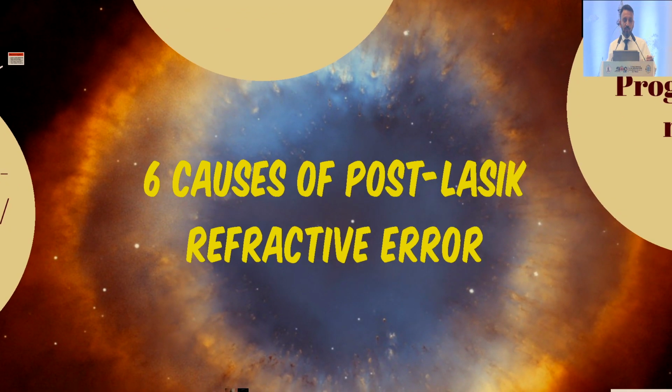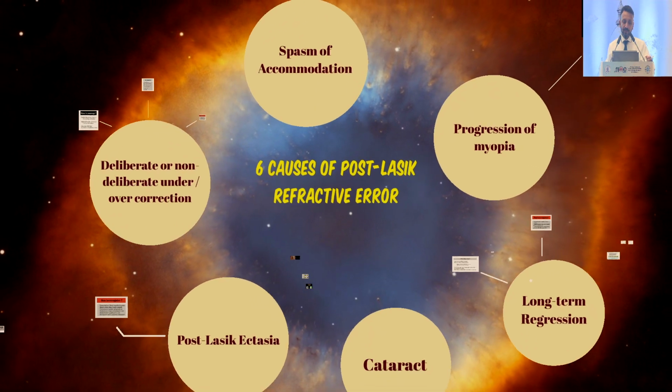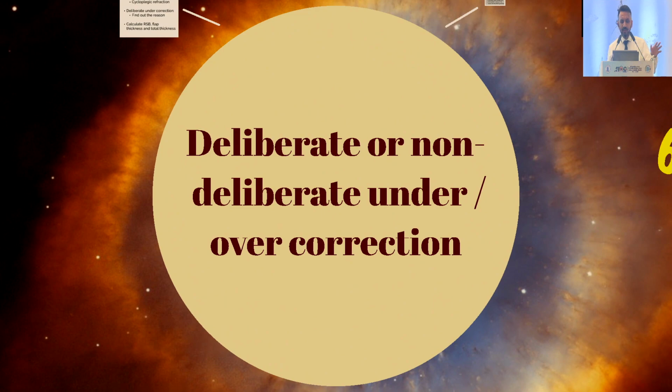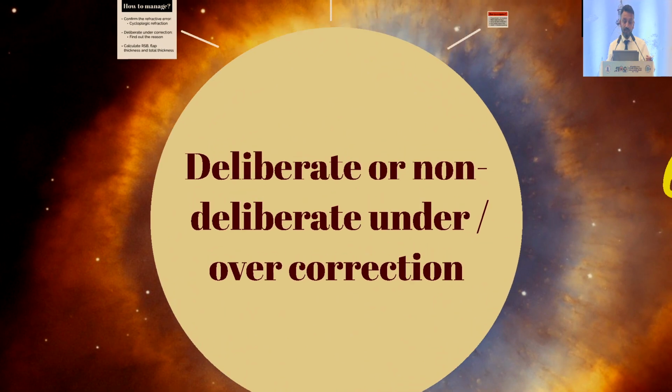So we should know that there are 6 major causes of post-LASIK refractive error, namely deliberate or non-deliberate undercorrection, spasm of accommodation, progression of myopia, long-term regression, cataract, and post-LASIK ectasia. I've kept decentered ablation aside because it's a totally different ballgame. Starting with deliberate or non-deliberate undercorrection.